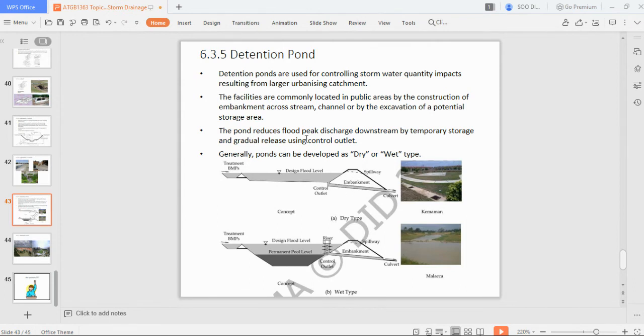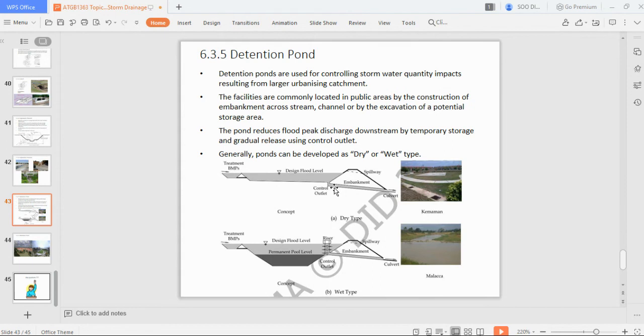The pond reduces flood peak discharge downstream by temporarily storing and gradually releasing using a control outlet. This control outlet is usually just a pipe of a specific size to ensure that any rainwater is not just flowing out to the public system at once.